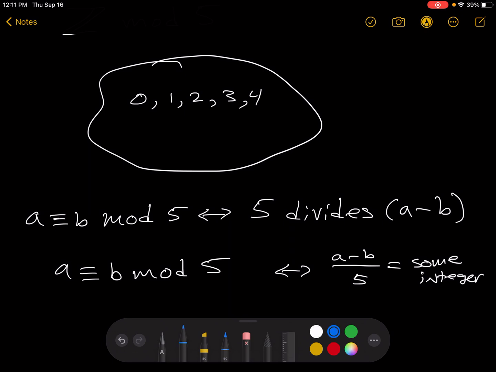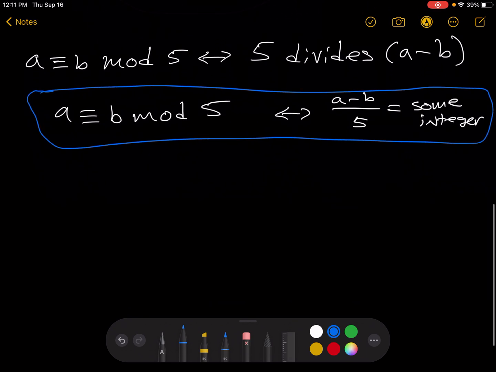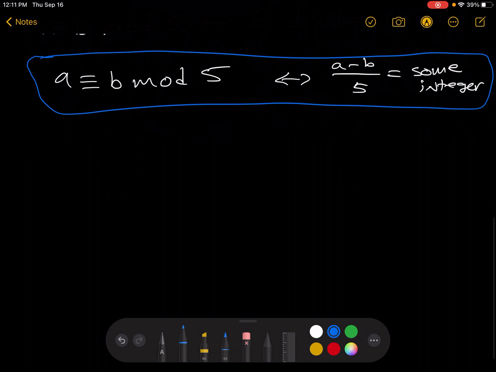And this is the thing that we want to keep in mind, what I have circled in blue there. A is congruent to B mod 5 is the same as saying that A minus B over 5 is equal to some integer. When you do this math right here, you get an integer out.